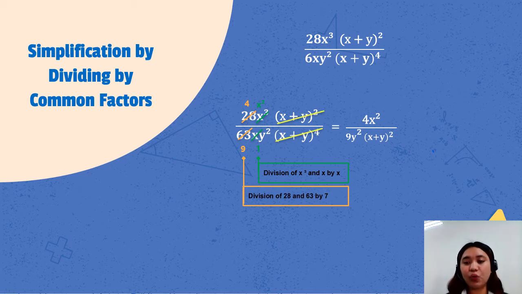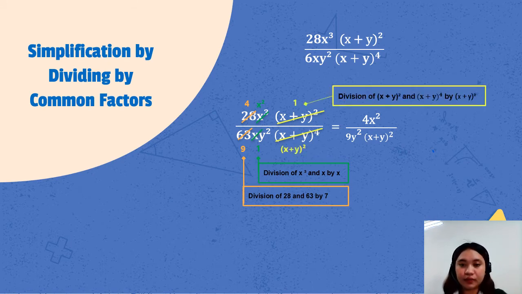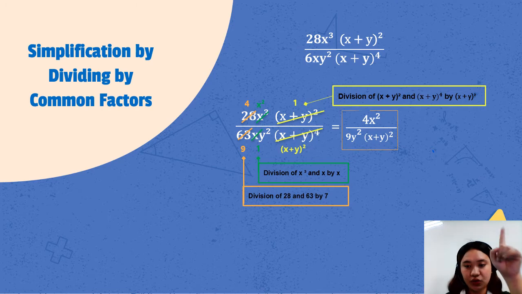Next, we have (x plus y) squared, and we also have (x plus y) raised to 4. So the common factor is (x plus y) squared. So (x plus y) squared divided by (x plus y) squared is 1.